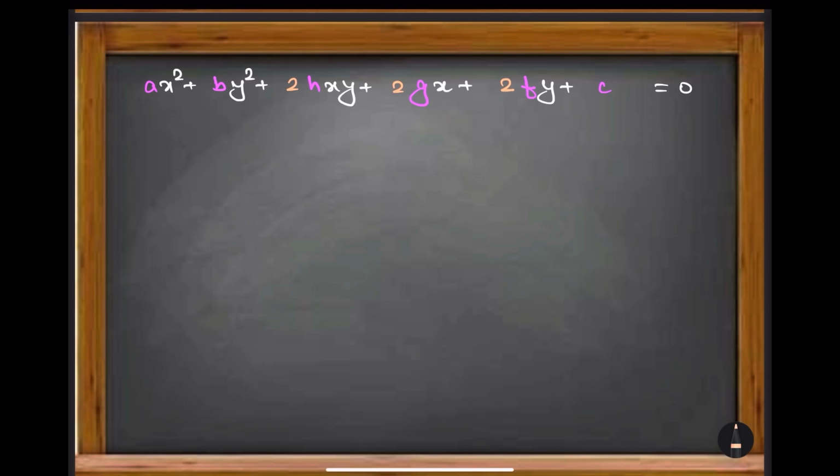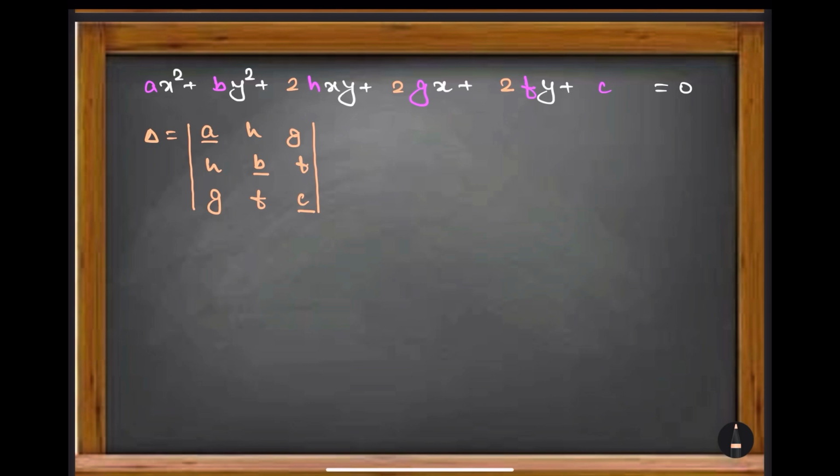Now this equation will reflect a pair of straight lines when, suppose you are trying to calculate the determinant of a, b, c, f, g, h. Focus on the pattern a, b, c, f, g, h. So you have to go through the determinant of this thing.